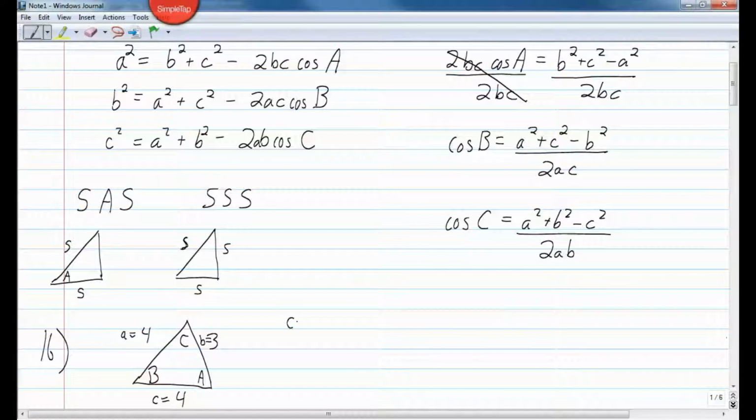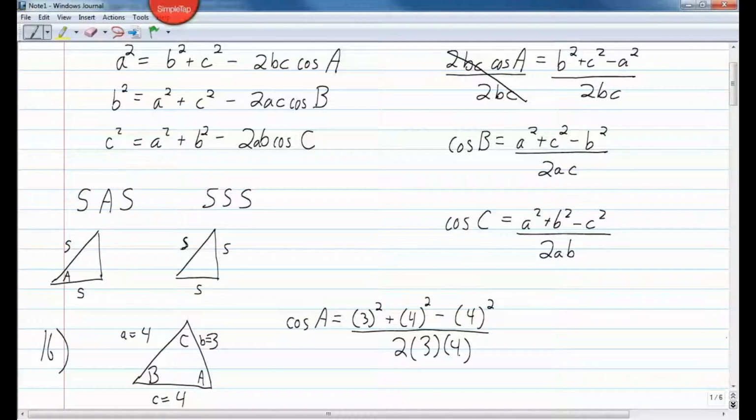So the cosine of angle A equals B squared, so 3 squared, plus C squared, which is 4 squared, minus A squared, which is 4 squared, all over 2 times B, which was 3, times C, which was 4.